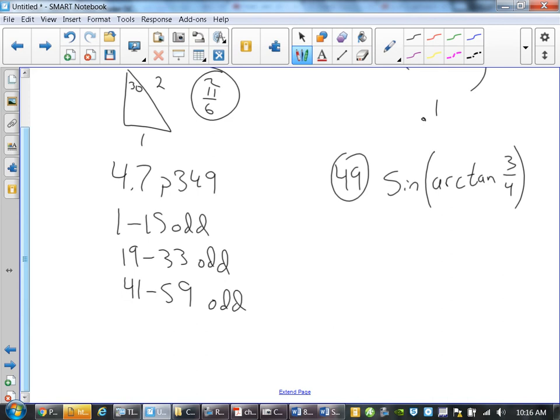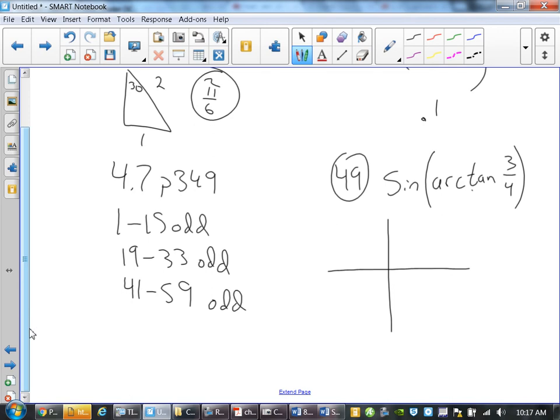So it's asking you to figure out what the sine of an angle is that has an arctangent of 3/4. So you have to think about. But we aren't going to get a calculator on the quiz. Well, I know, but it's the thought that counts. Exactly. So here's what happens.